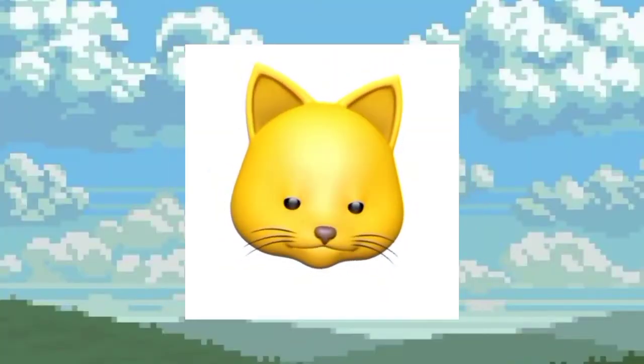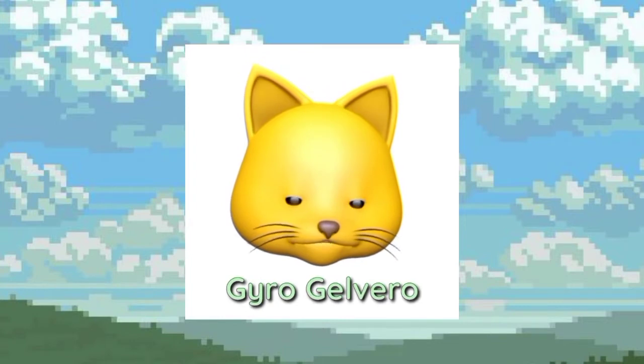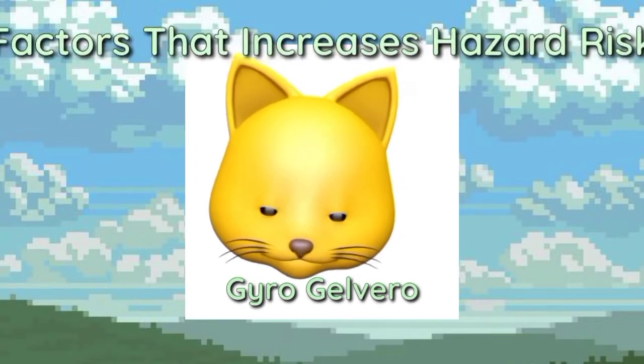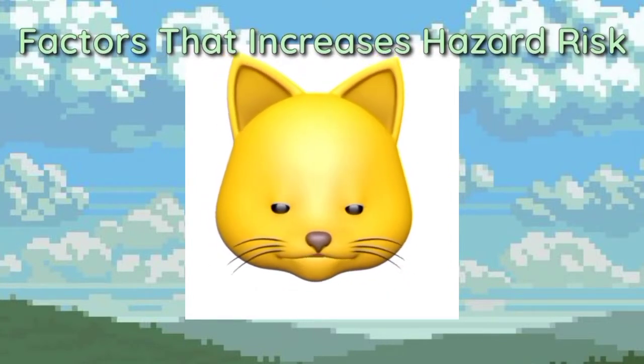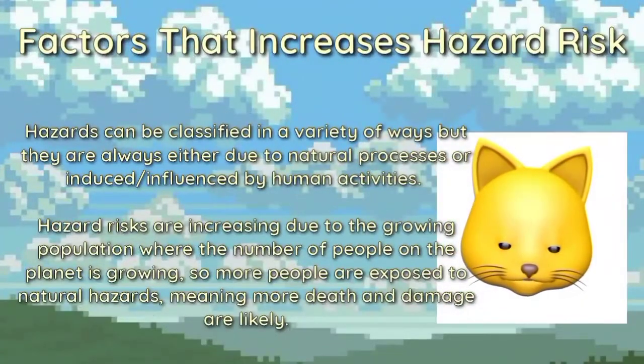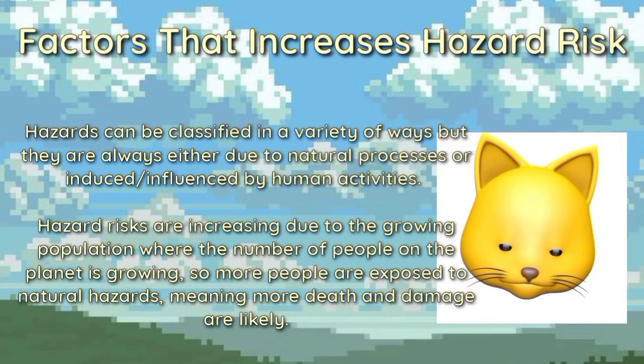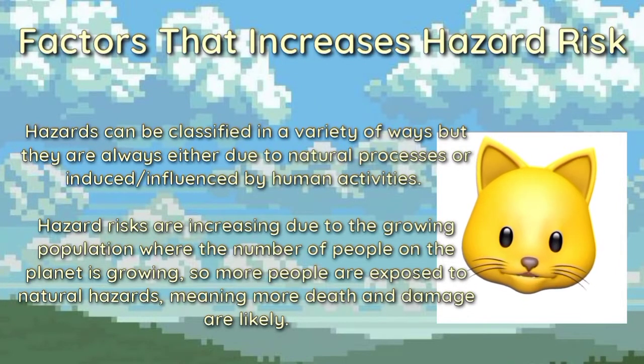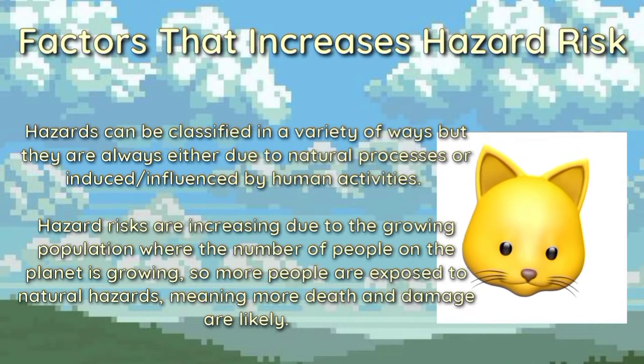Good day everyone, I'm Gyro Gelvero, and now we're gonna talk about factors that increase hazard risk. So now, let's start. Hazards can be classified in a variety of ways, but they are always either due to natural processes or induced or influenced by human activities.